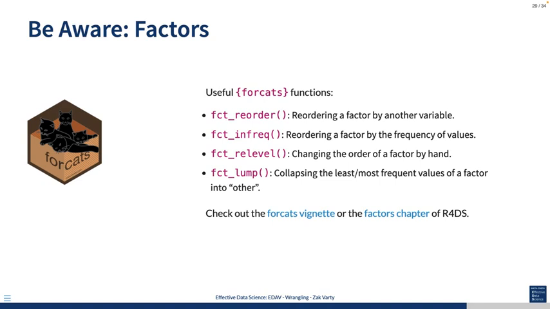And there are also functions for manually changing the order of a factor, or for lumping together levels of factors that are seen only very rarely into a single other category. Examples of each of these functions can be found in the forcats vignette or the factors chapter of R for Data Science, both linked here.